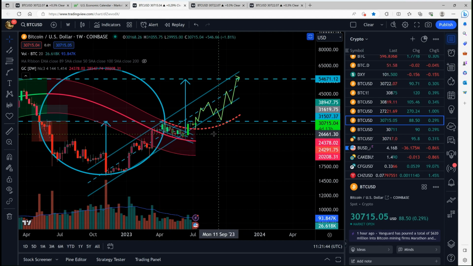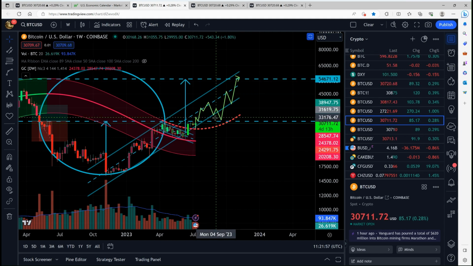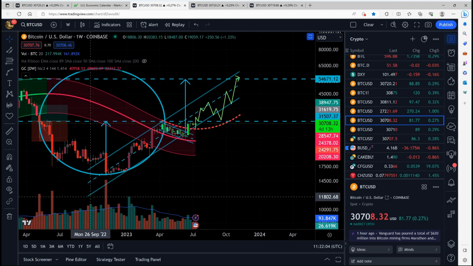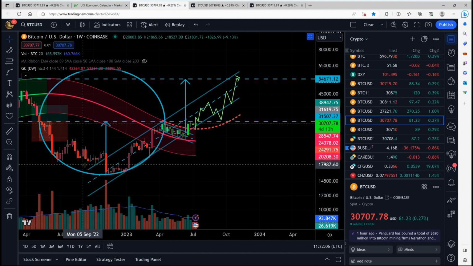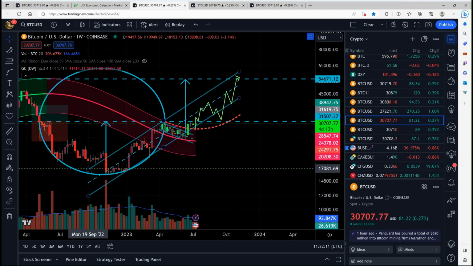So I've drawn this path here to estimate a pattern, some sort of price action that we may follow. It's very reasonable to expect some sort of action like this to follow, and it stays consistent with the parallel channel we've been trading in since the FTX collapse in November. Actually, this trend line goes back into September and October of last year, almost a year ago.